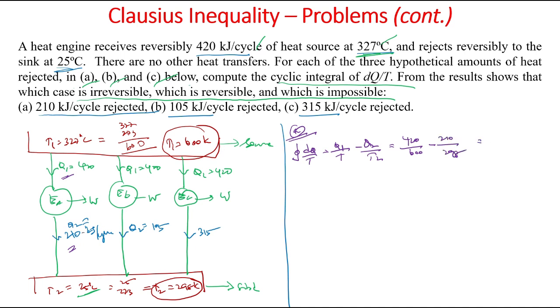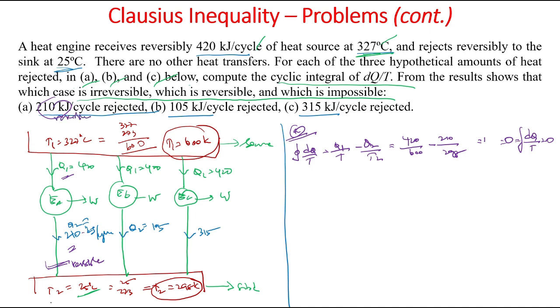So we are getting the value equal to 0. So here the cyclic integral of dQ by T is equal to 0. This first case is called reversible. So this one is the reversible case.